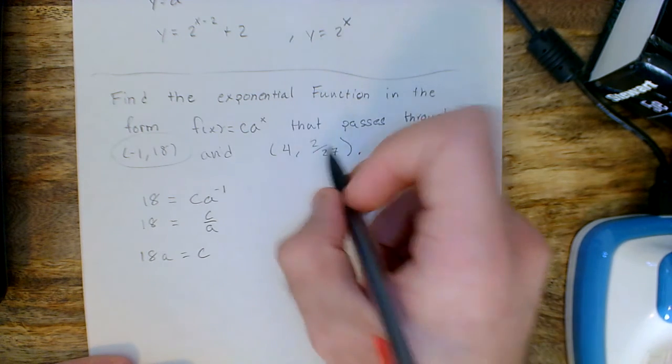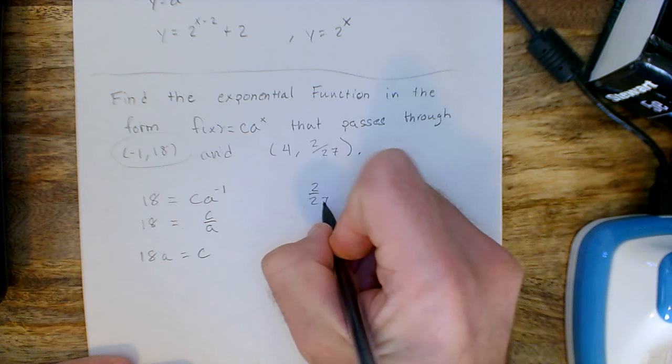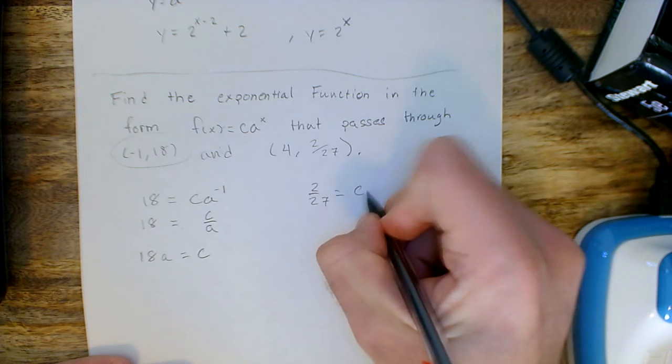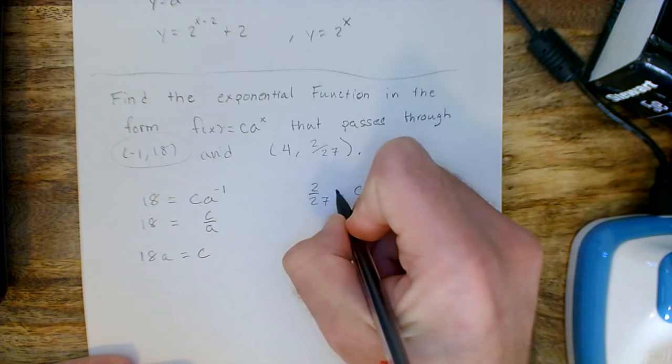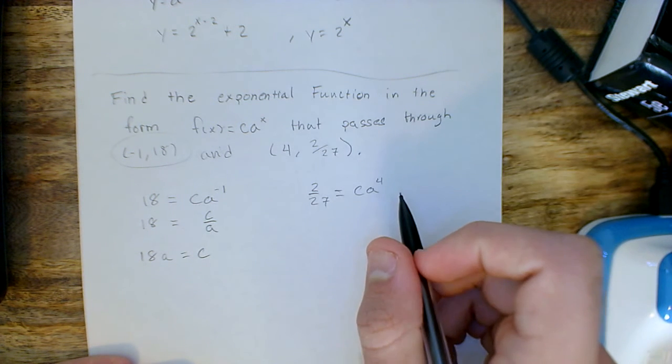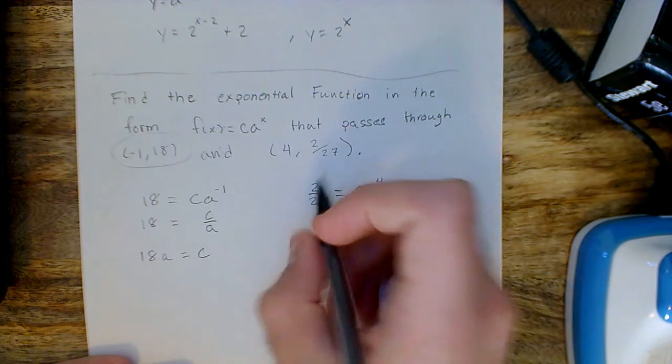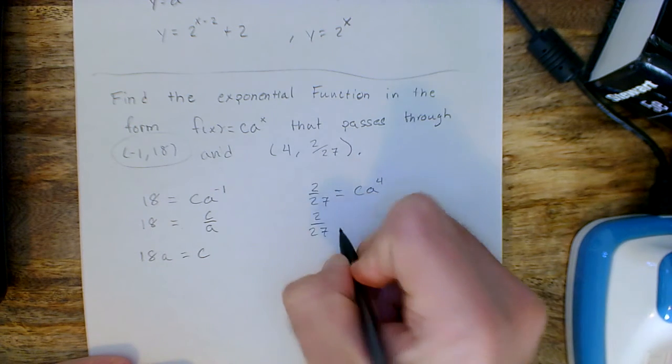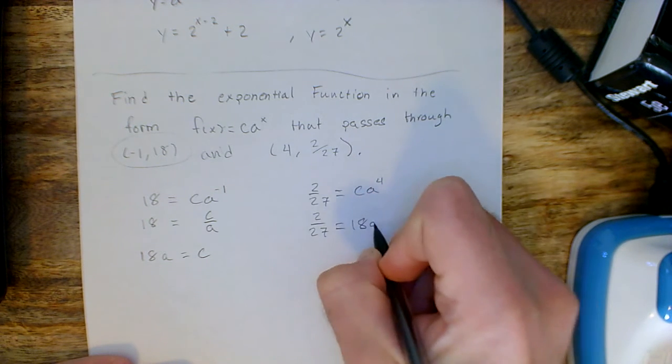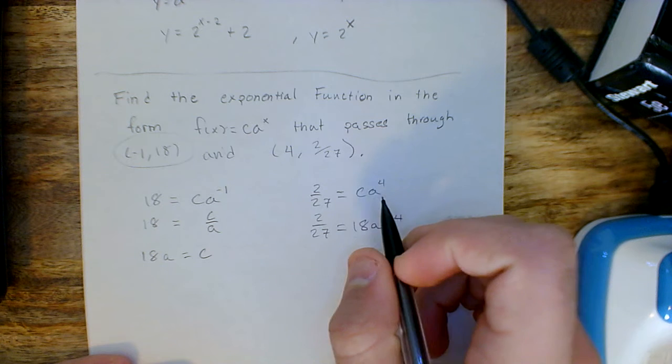Okay, so now using this one, 2 over 27 is equal to c times a to the 4th. We have an expression for c, so I'm going to substitute that in. So 2 over 27 is equal to 18a times a to the 4th.